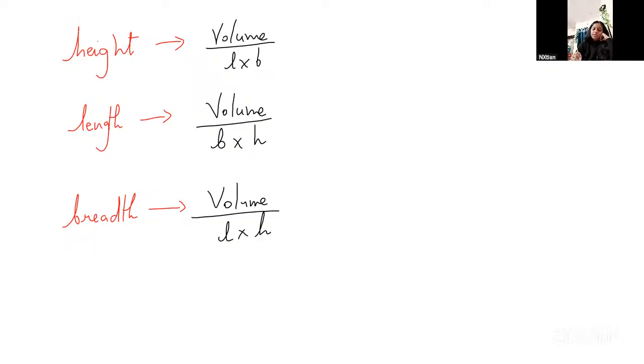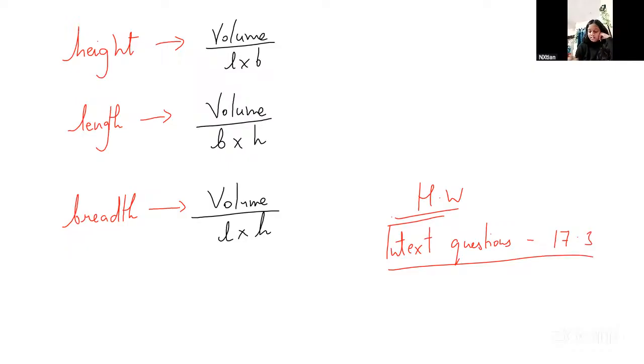Your homework today is to complete in text question 17.3. Write down the homework 17.3. And Emma, you revise chapter 9 of science.